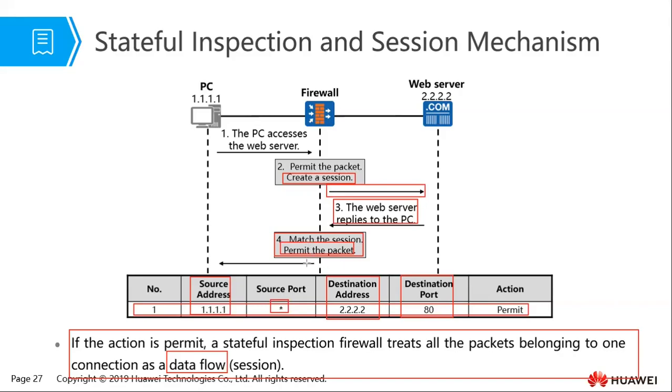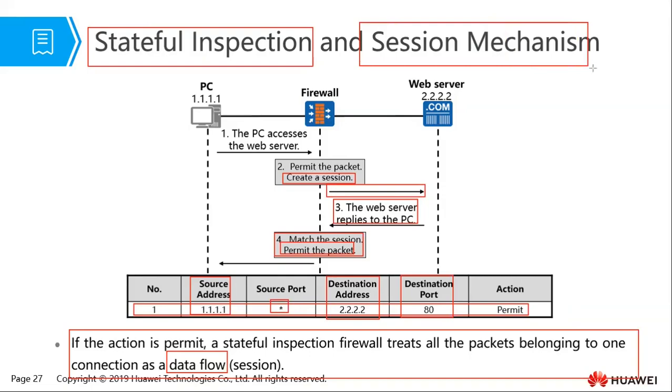So you see, because we are storing a session, we don't have to configure two rules, for going to the server and for coming back to the PC from the server. So that is what we call stateful inspection, because we use the session mechanism to filter packets.